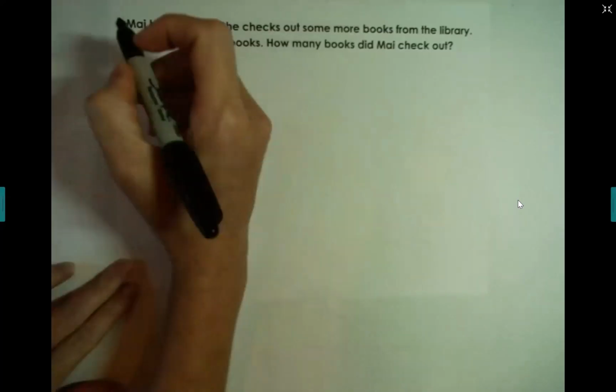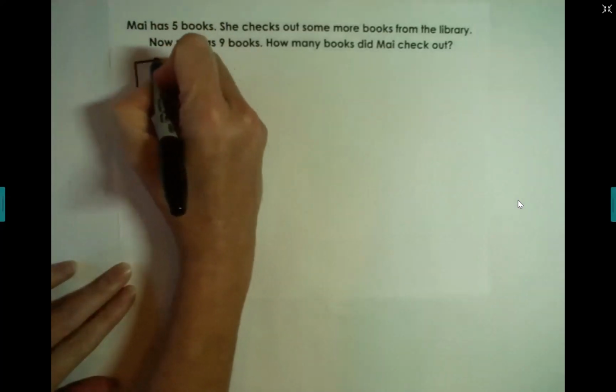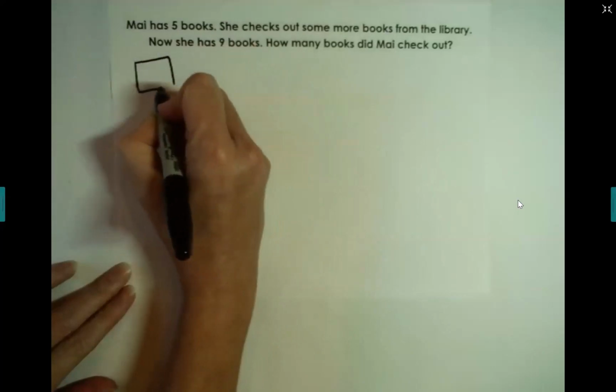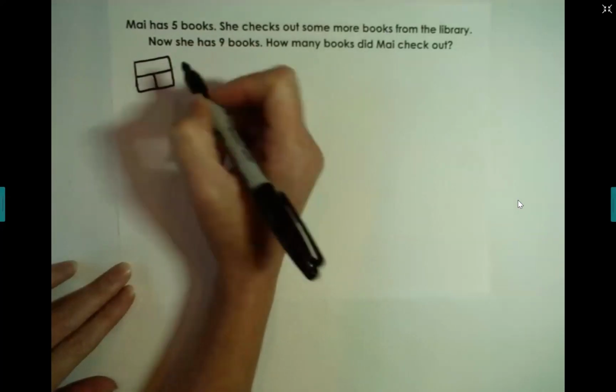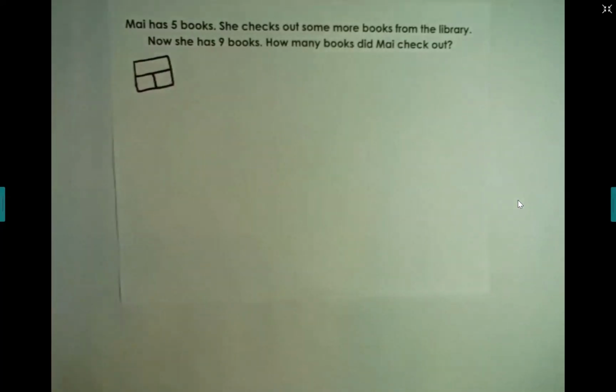Okay, so again, let's use that part-whole model to help make sense of this situation and determine what our unknown amount is. So I know that May had 5 books. And then she checks out some more books from the library, but I don't know right now how many books she checked out.